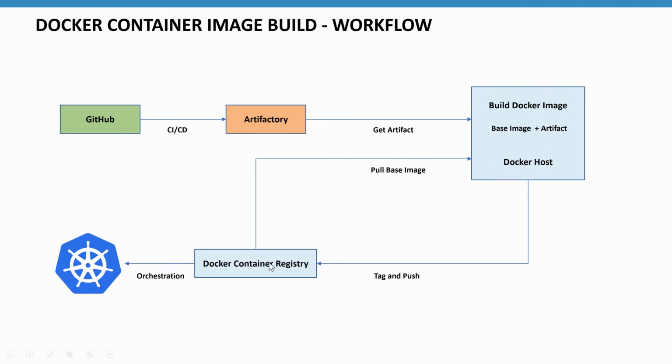Now I need a base image with Tomcat or WebLogic. I pull the base image from the Docker container registry. I combine the base image and artifact using a Dockerfile and build a Docker image. Then I tag the image and push it back to the Docker container registry. From there, it goes to Kubernetes for orchestration purposes.